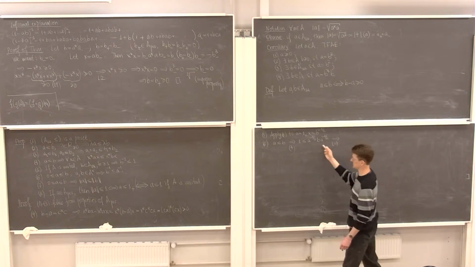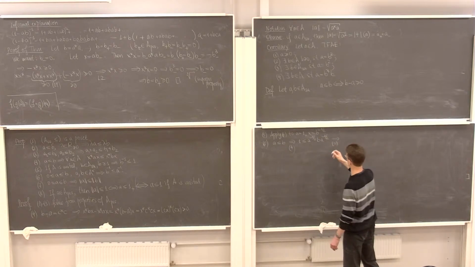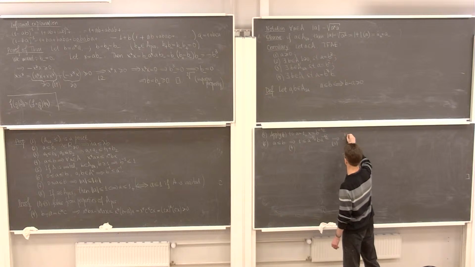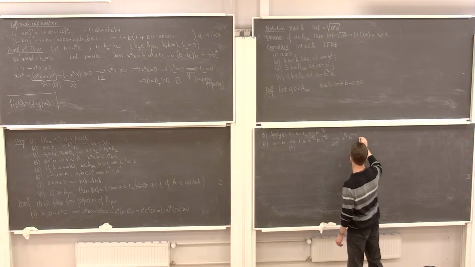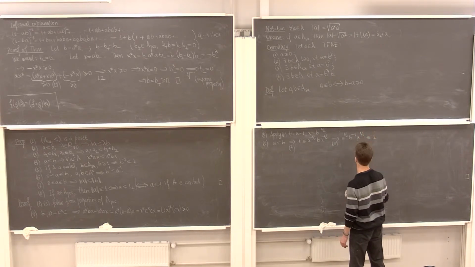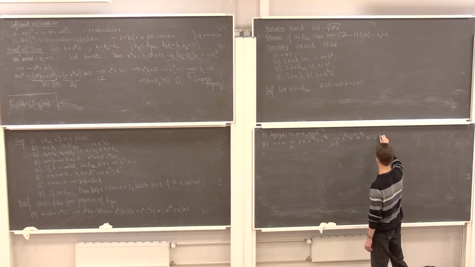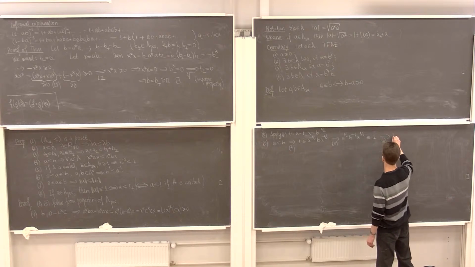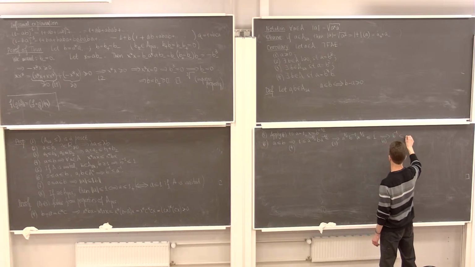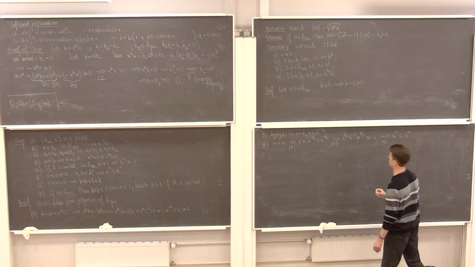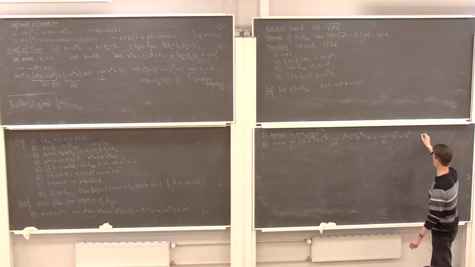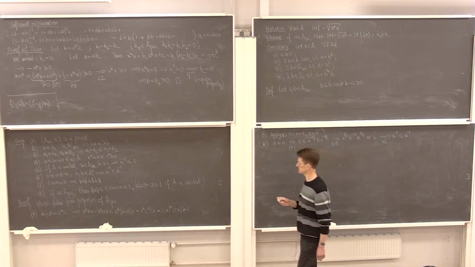So the inverse of this element is less than or equal to 1. And again, we apply 4. We multiply on both sides by a to the power minus 1/2. And we get b inverse is less than or equal to a inverse. Good. So this proves part 6.